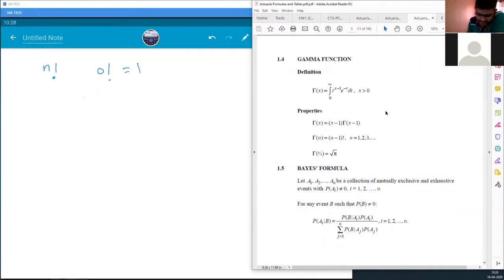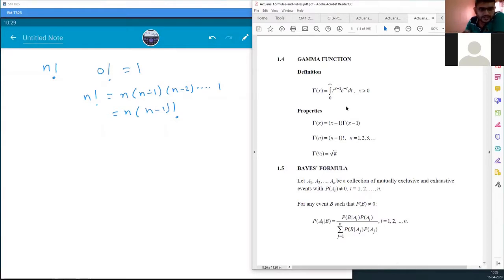Then n factorial is nothing but n into n minus 1 into n minus 2 and so on. We multiply it till 1, or you can say it is n into n minus 1 factorial. These are our factorials. Gamma works very similarly. The gamma function is used to find those missing values that are non-integer values.